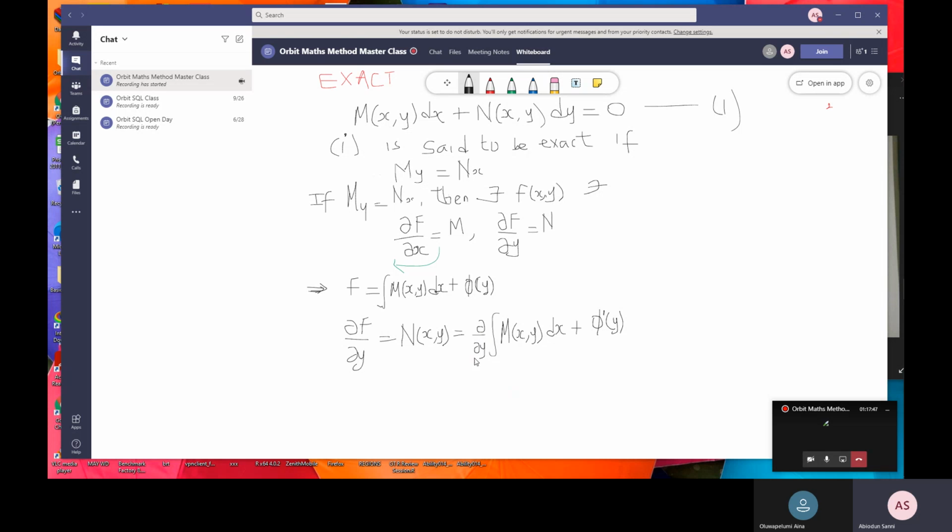So if I have this equal to this, I can now say my phi prime of y is equal to N of x comma y minus the partial derivative d/dy of the integral of M of x comma y dx.